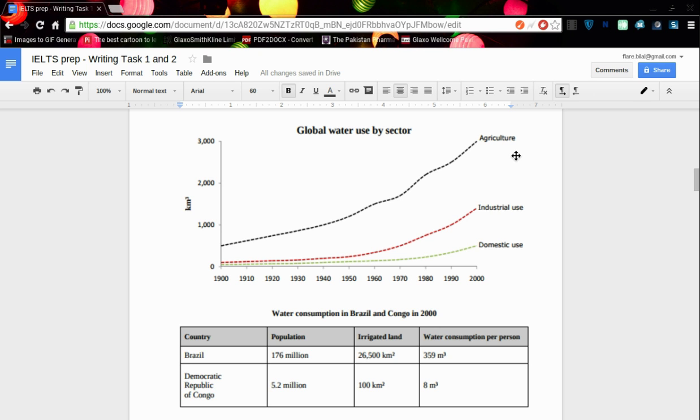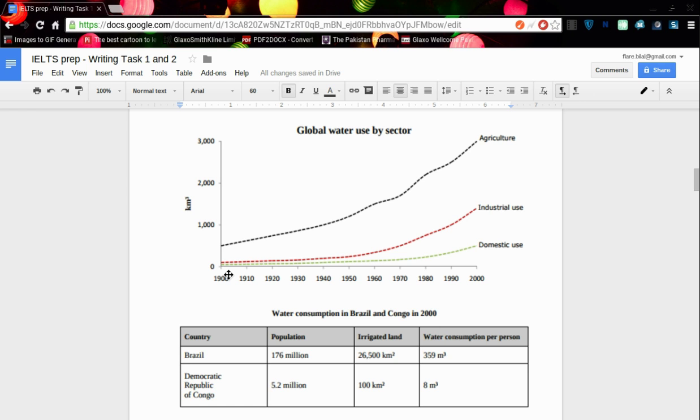So it is your own choice whether you want to express it in percentages, in times, or whether you just want to say that from 500 it went to 3000. That's like a 2500 increase, the biggest increase here. If you look at the industrial use, this is probably like 200 or maybe 150. It's your choice.